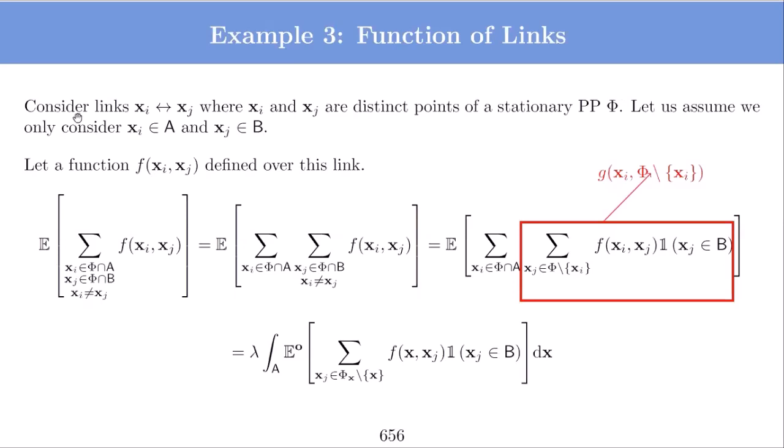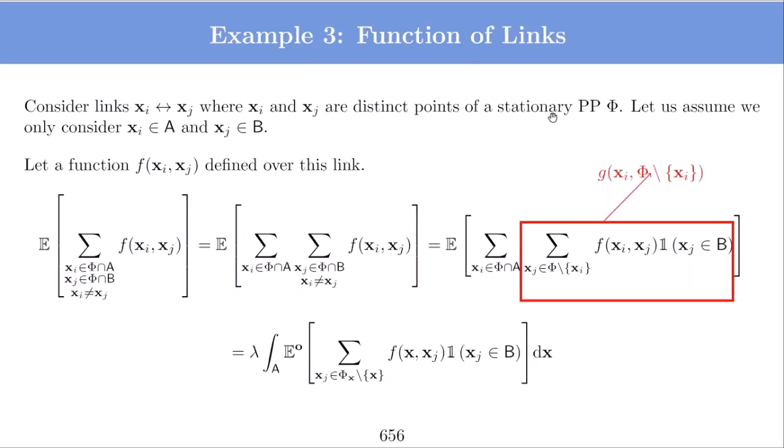So let's see. Consider links xi to xj. If xi and xj are two distinct points of a point process, then you can construct these links, right? So if there are n distinct points, then each point can be linked with the remaining n minus 1 points. So in total there will be n times n minus 1 by 2 links.